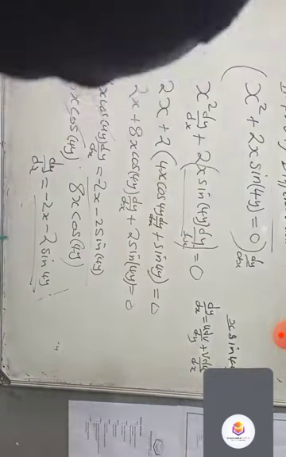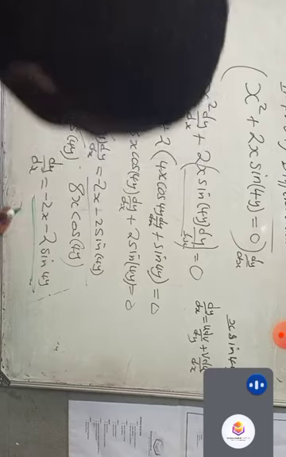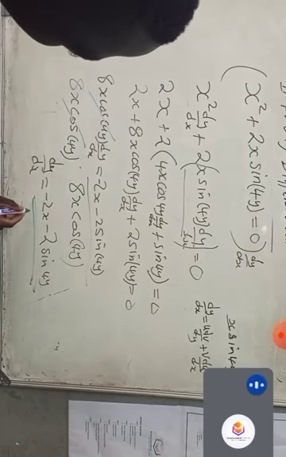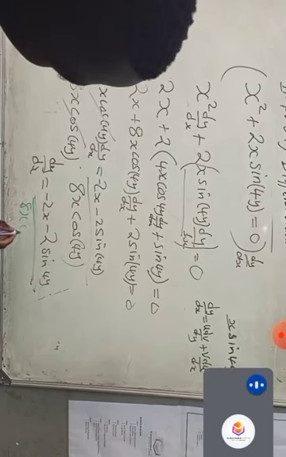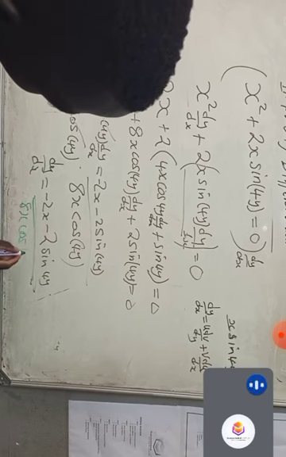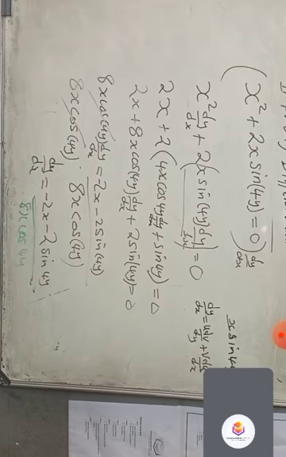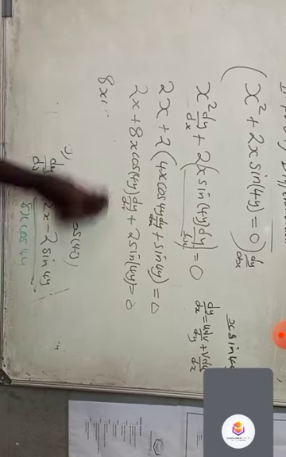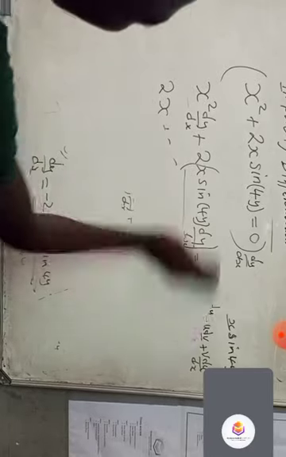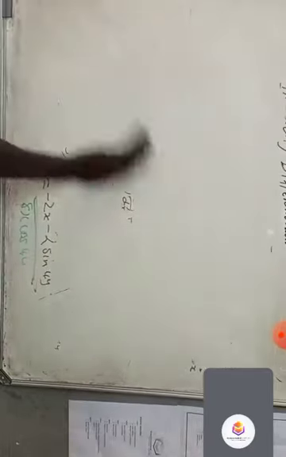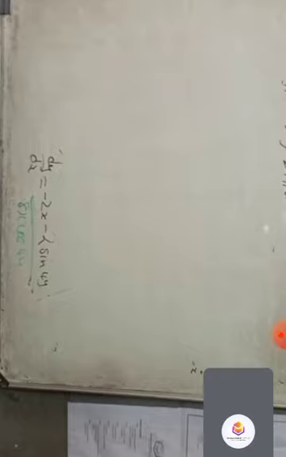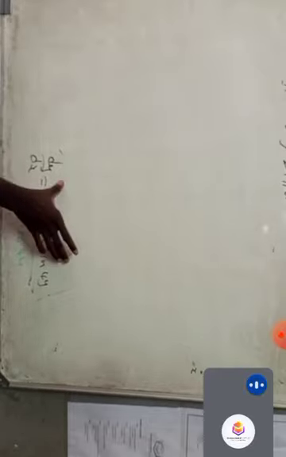So you're going to have 8x plus 4y. If you want, you can leave your answer here. If you don't want the negative, just multiply on top by a negative.